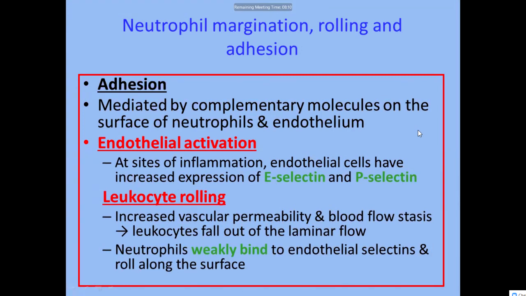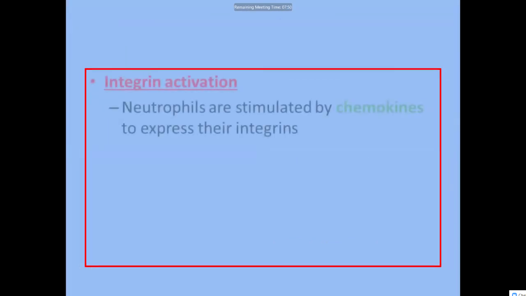These are the vascular changes. Leukocytes fall out of the laminar flow. Leukocytes moving in the center of the blood vessel will pass to the periphery. The laminar flow is disrupted, and because of the increased blood flow, neutrophils weakly bind to the endothelial selectins.